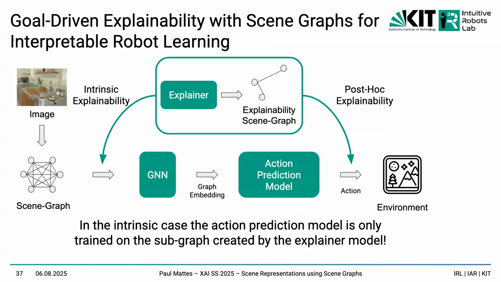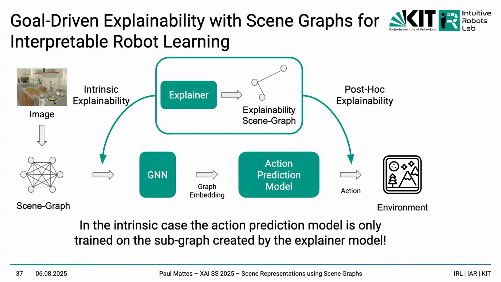We can say to the explainer, fully connected, make it a subgraph, and the action should still be good. Then it propagates through the whole network and it can say, I can't remove all 18 nodes, I need to keep 5 or whatever. In our special case, we can also tell the network that those 5 are important and the rest can be disregarded. Then you have 2 different losses: the action prediction loss, and the loss for focusing on those 5 nodes.